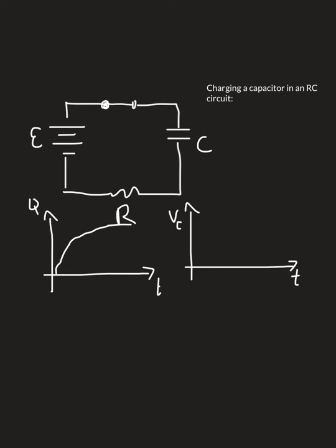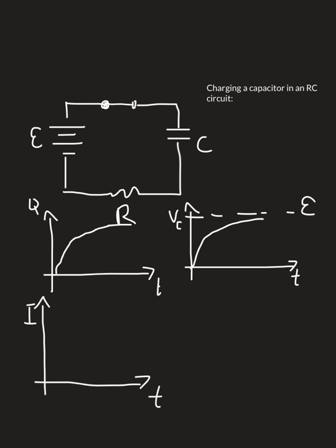Similarly, the voltage across the capacitor begins at 0 when the switch is open, and then as soon as the switch closes, it increases and asymptotically approaches the value equal to the EMF of the battery. It will never actually reach the EMF of the battery, but in practical terms, it will get so close that a voltmeter couldn't tell the difference if you wait a long time.